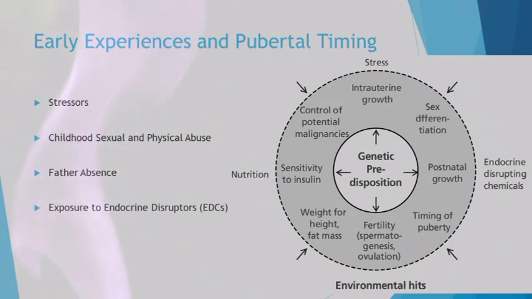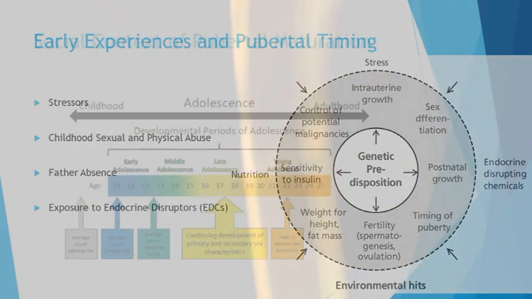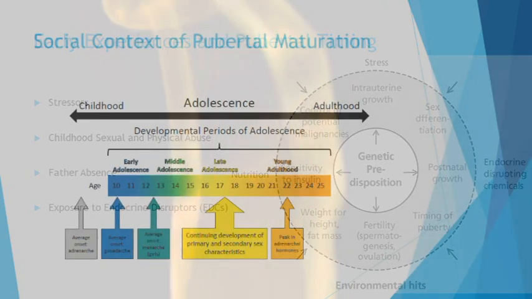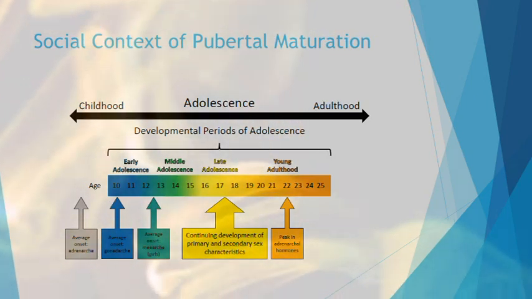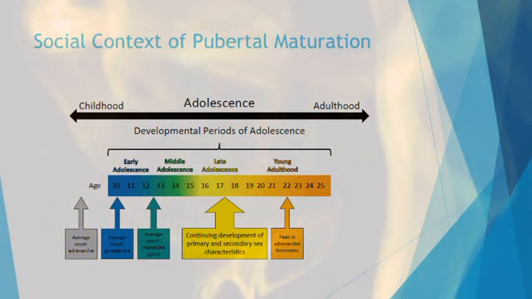If a parent is open and communicative and supportive and well informed, then this can be an enjoyable time. But if the parent is not informed or is not communicative or just simply says, here, read this book, then you're going to have an adolescent that is lost, confused, and does not feel supported.